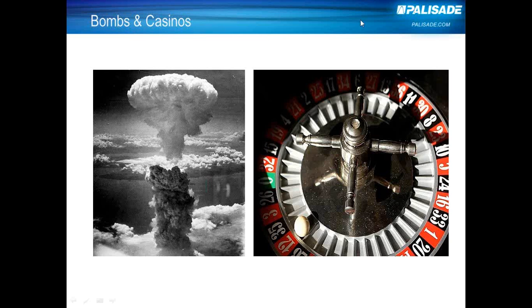And in the picture of the roulette wheel here, we know that there are 36 black and red squares, and then 1 green square. So there are 37 squares, and you know that you've got a 1 in 37 chance of hitting any number.